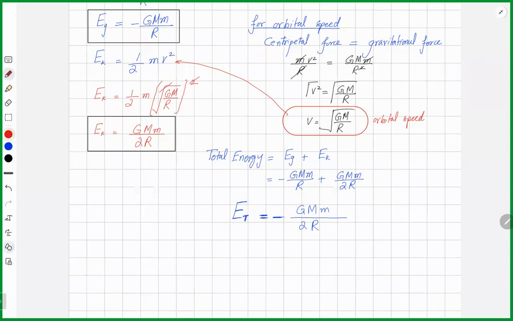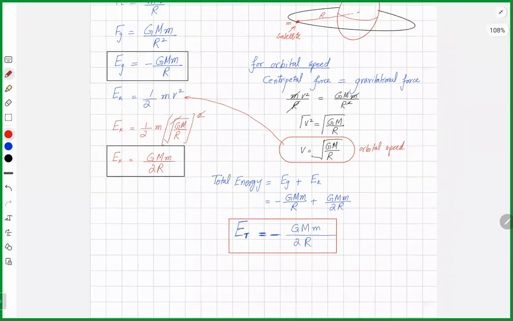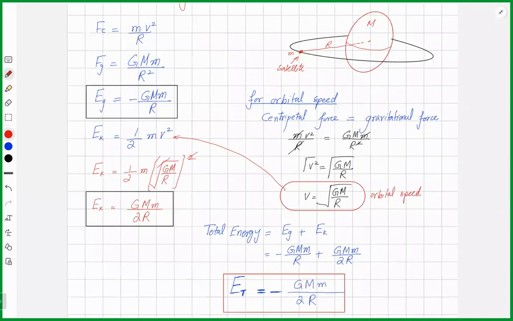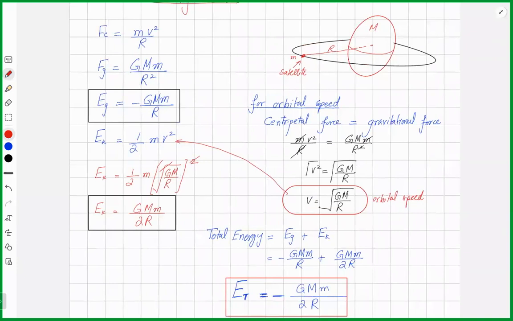Now, again, when you see satellite questions, you will find the examiner is saying that a satellite was slowed down, satellite became faster, satellite lost energy, satellite gained energy, and there will be things happening to the satellite.